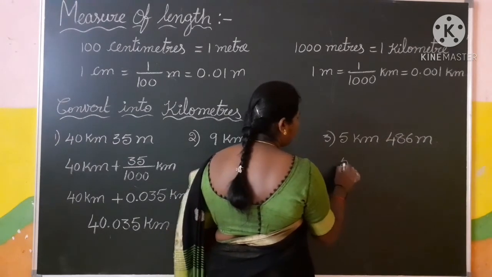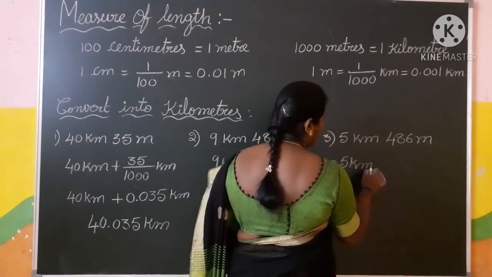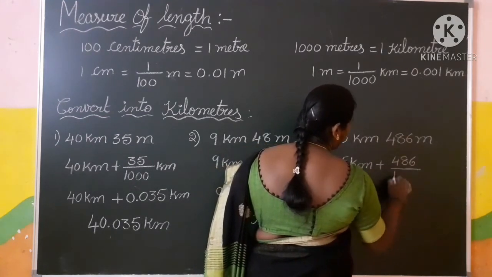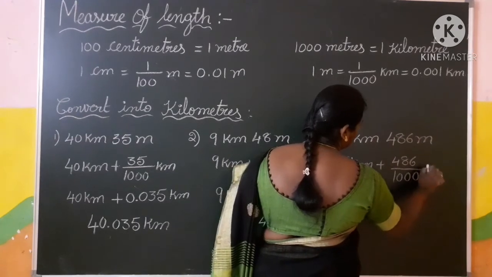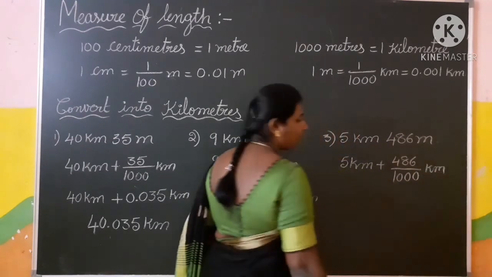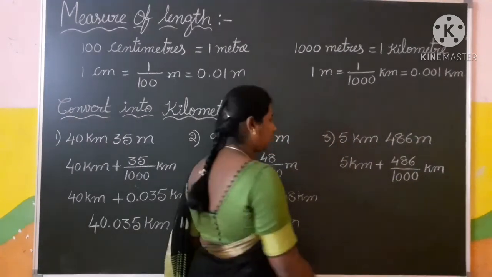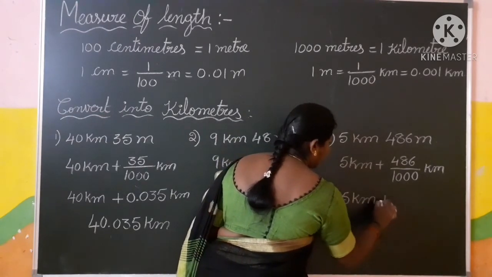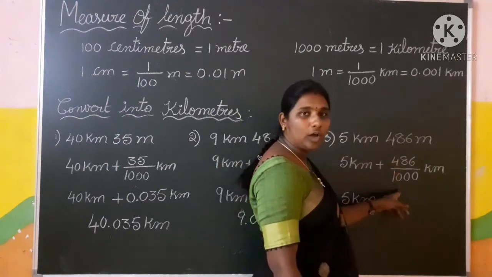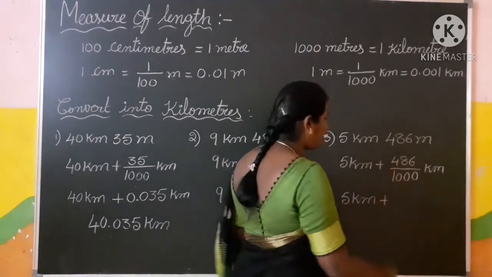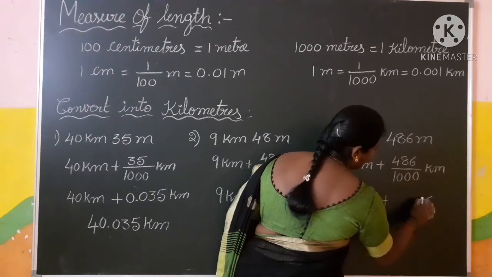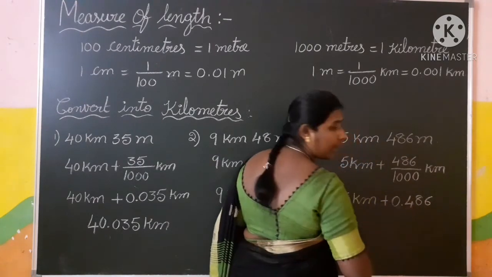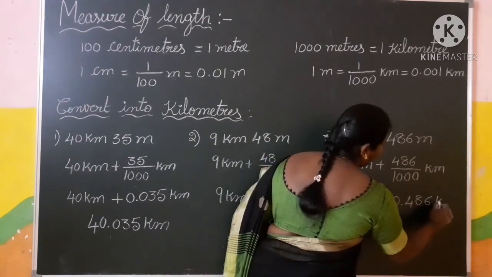Next 5 kilometer 486 meters. So 5 kilometer plus 486 meter, 486 by 1000 kilometers. So 5 kilometer plus 486 by 1000. 3 zeros, so 3 numbers before the point. 6, 8, 4, 0.486 kilometer.